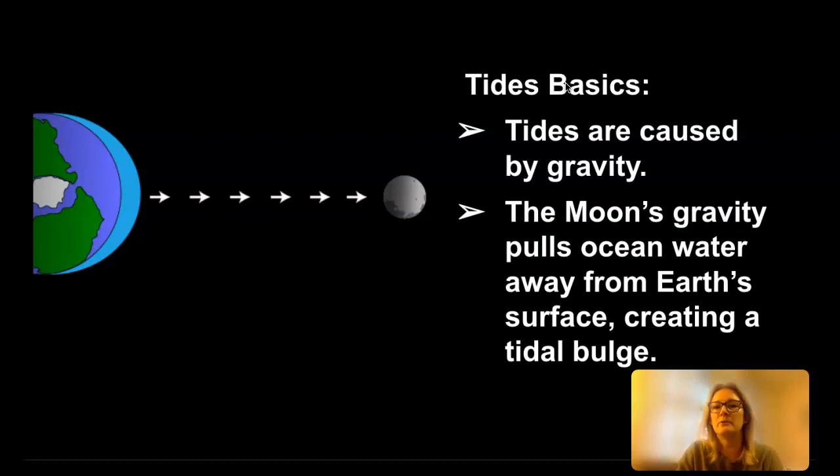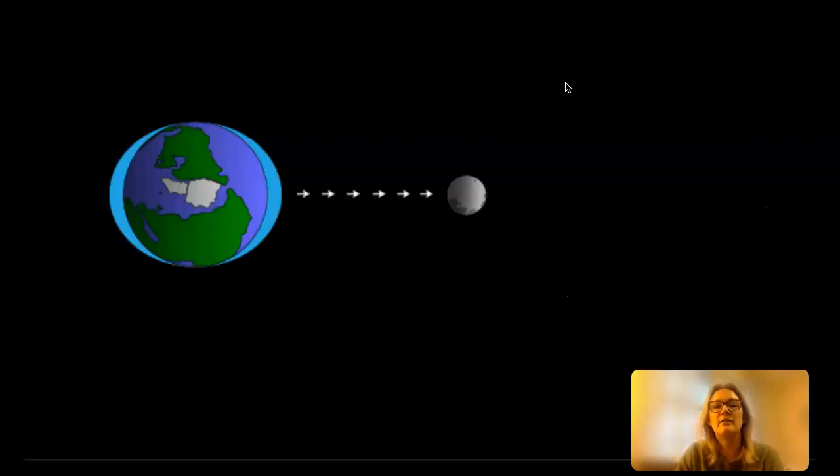So the moon's gravity pulls the ocean's water away from Earth's surface, creating a tidal bulge. And it turns out that this bulge happens not only on the side of the Earth that's facing the moon, but there is a bulge that happens on the opposite side of the planet as well. And this is the bit that we'll discuss at the end of the video if you care to stay on.